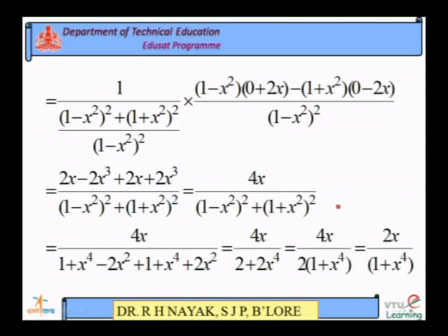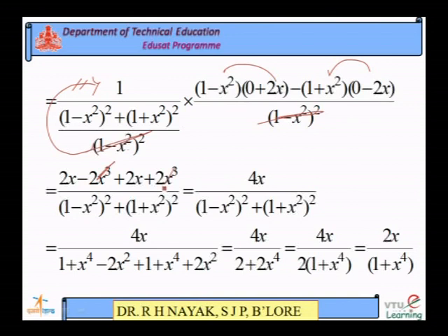Then this one is taken to the numerator, otherwise you can cancel this with this. 0 plus 2x is 2x, 2x is multiplied with the bracket, right. 2x into 1 is 2x, minus x square into 2x is minus 2x cube, and minus 2x is again multiplied with this bracket, minus into minus is plus, 1 into 2x is 2x, plus into plus is plus, 2x into x square is 2x cube, 2x cube get cancelled, right.